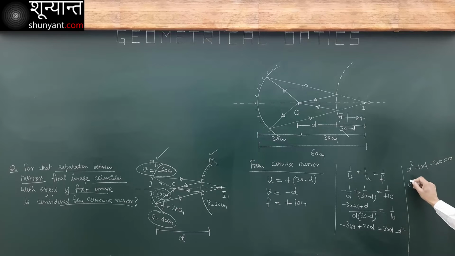D is equal to minus b, so 10 plus minus root of b square, which is 100, minus 4ac, so this becomes plus 1200, over 2. So 10 plus minus 10 root 13 over 2.